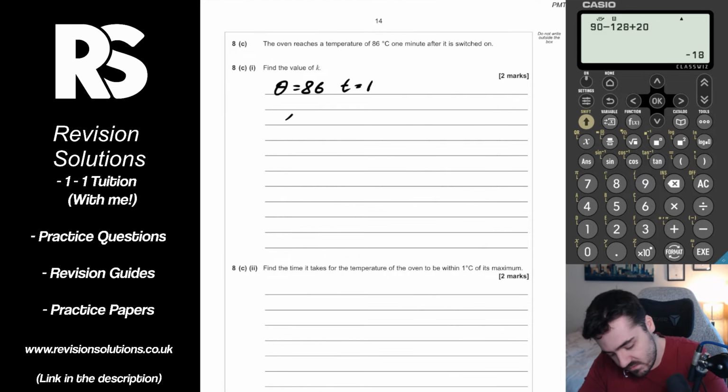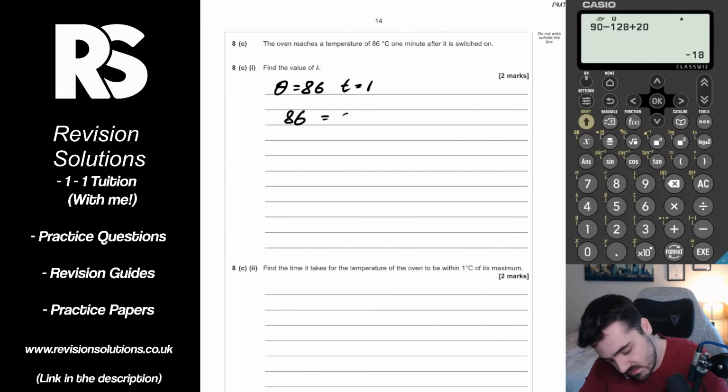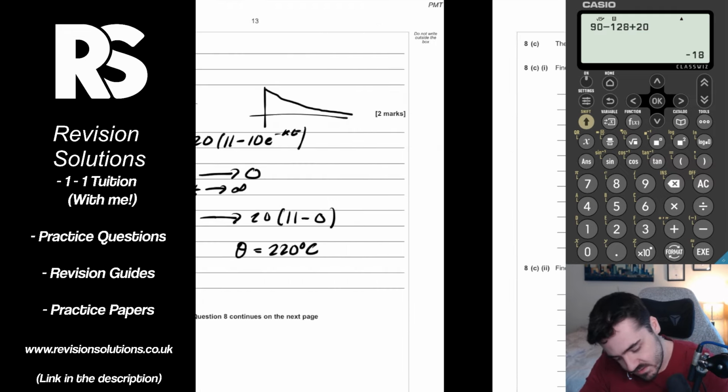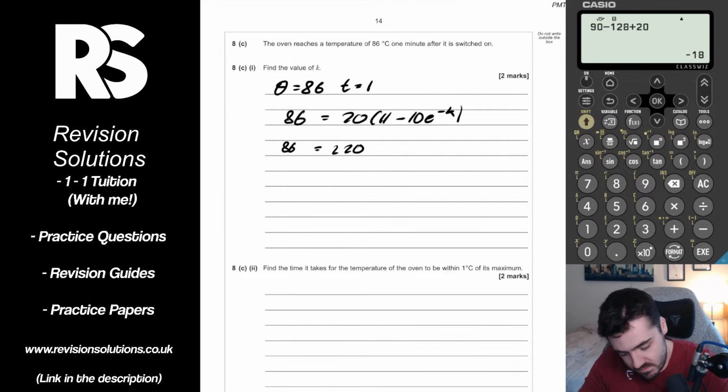So then we get to plug in, so 86 would equal 20 times (11 minus 10 e to the minus k). So solving that, first let's expand. It'll be 86 equals 220 minus 200 e to the minus k.